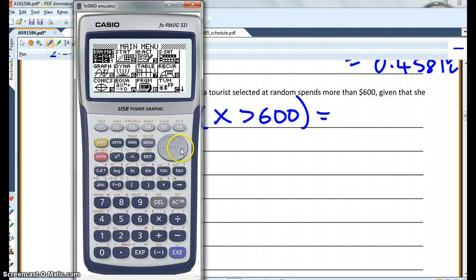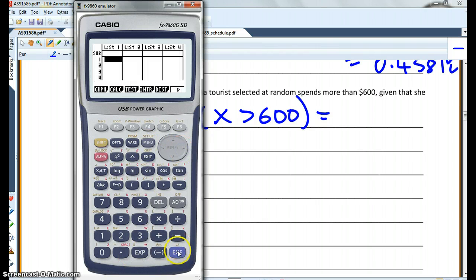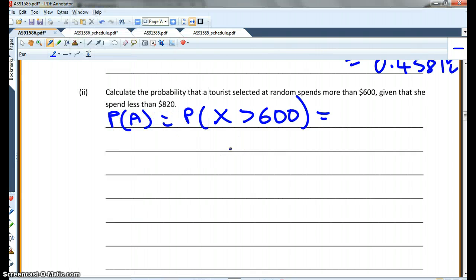Oh, we don't actually need to work that out, we should keep going. The probability of B equals, given that she spends less than 820, probability of X being less than 820.